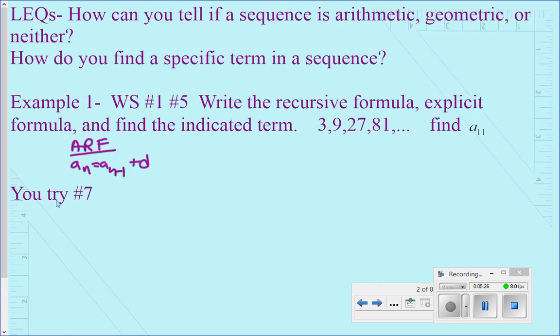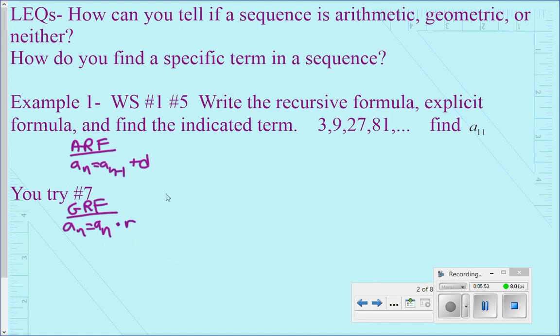So that's exactly the difference in the equation. The geometric recursive formula starts off the same, but instead of plus, it's times, and instead of d, it's r. Okay, which hopefully that makes sense to you. It's the exact same formula, except for with arithmetic sequences, we're adding, so it's plus, and with geometric sequences, we're multiplying, so it's times. We use d because that's common difference. We use r because that's common ratio.